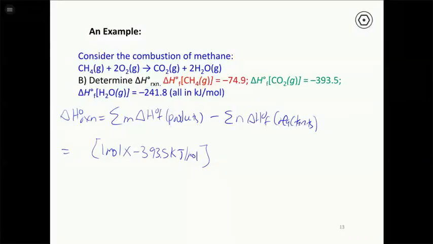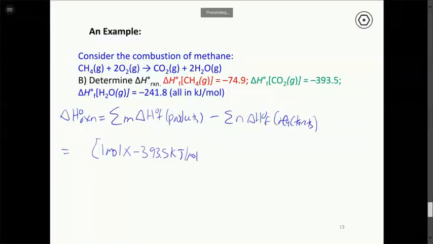Okay, so we have 1 mole of CO2, and we multiply that by the minus 393.5. Our other product is water, so it's going to be 2 moles of water formed as a product. We have a 2 in front of our H2O. And the enthalpy of formation for water is given to us as minus 241.8.